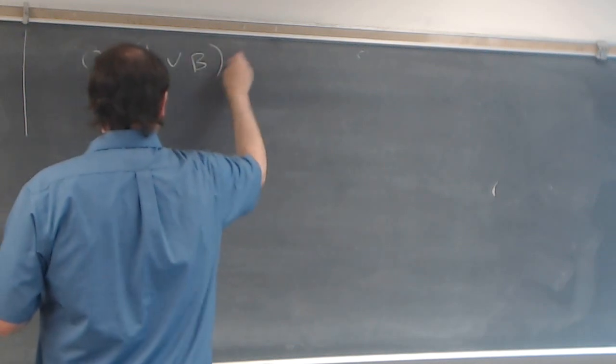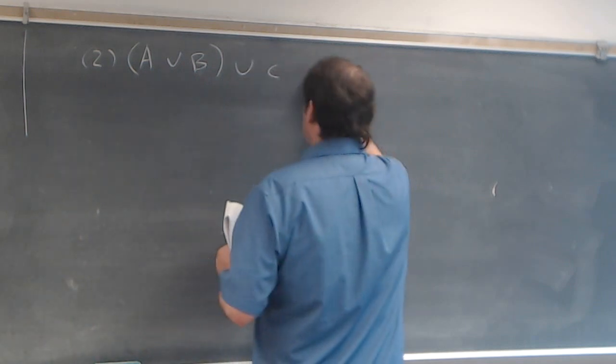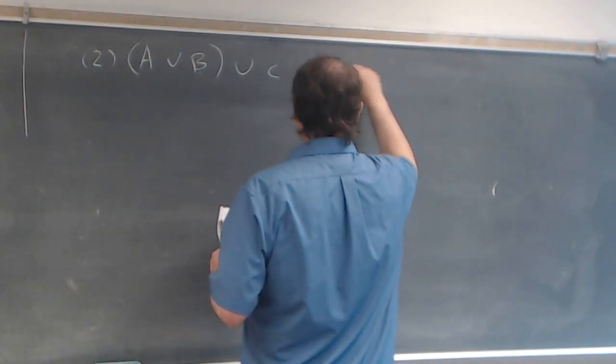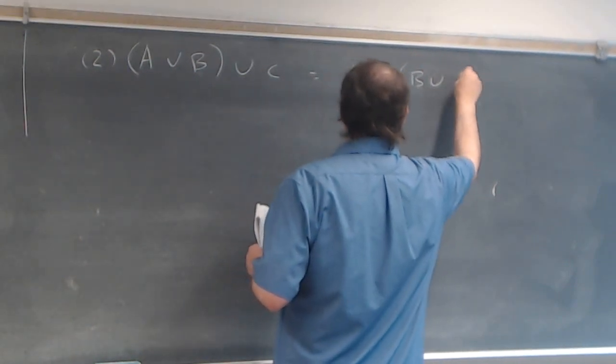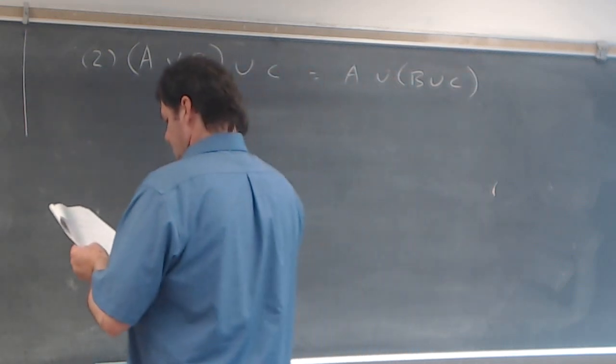The second statement, having two parts, is that A union B, then union with C, is the same thing as A union B union C. Okay.